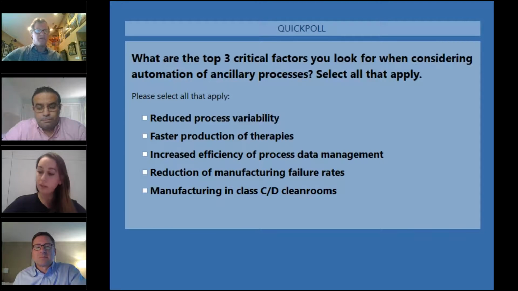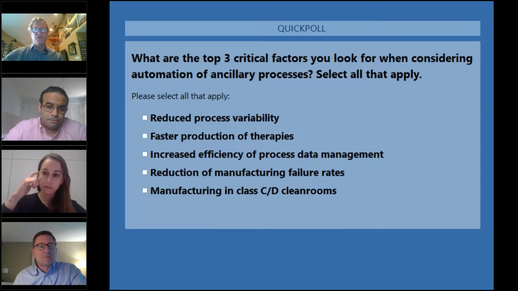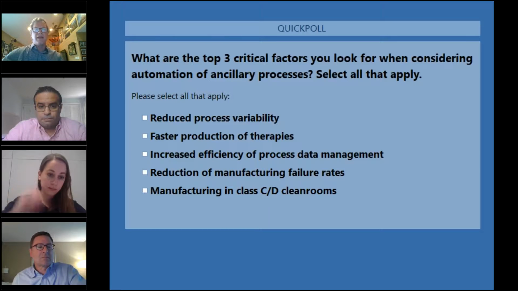Sometimes you have some control strategy aspects that are defined by concentrations and so forth. So there's some sampling that you're going to do, but there's not a lot of PAT that's typically added to ancillary processes, put it that way.